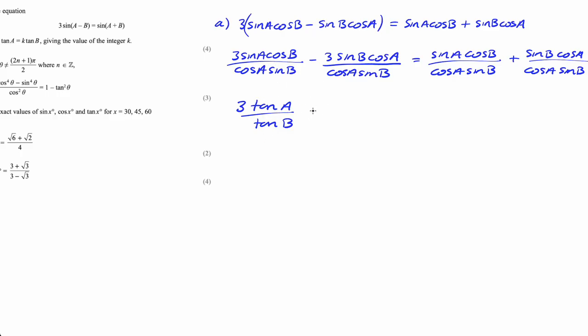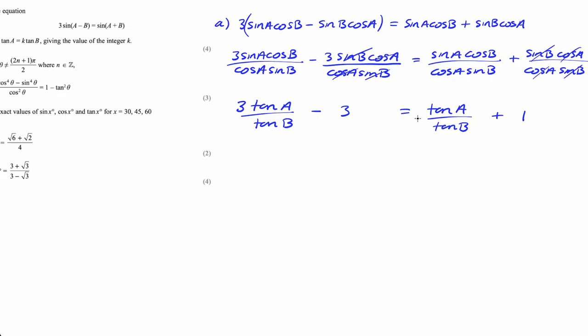This is actually just going to equal, well, these cancel, so it's going to be minus 3. This is then a similar thing. This is tan A over tan B, and this is plus 1, because this goes with this and this goes with this.